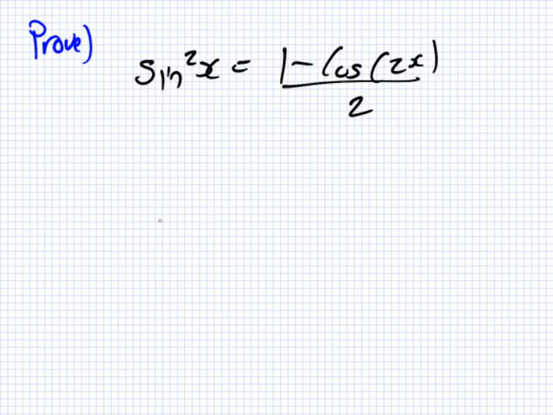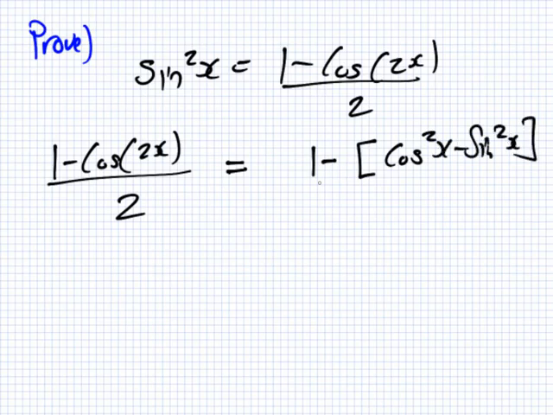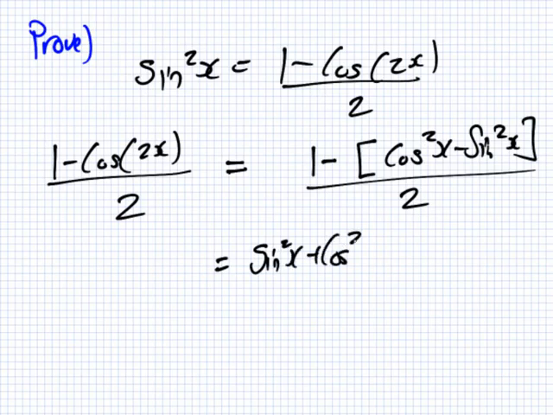So let's start at the right. 1 minus cos 2x over 2 equals 1 minus, now the formula for cos 2x is cos squared x minus sine squared x, all over 2.